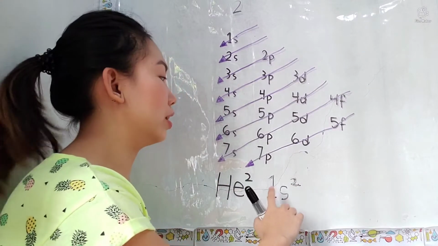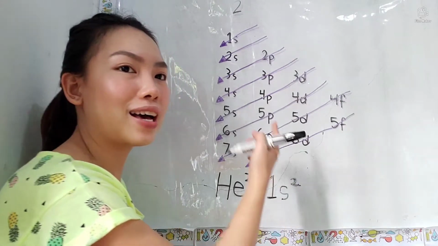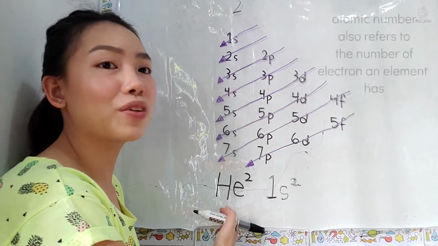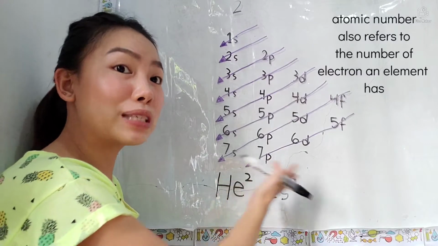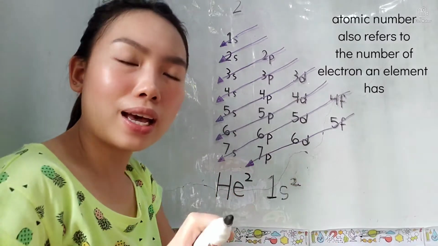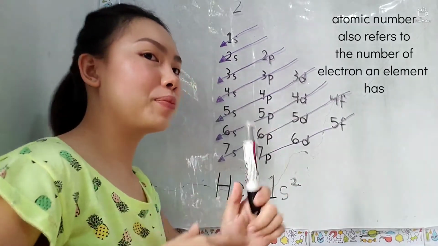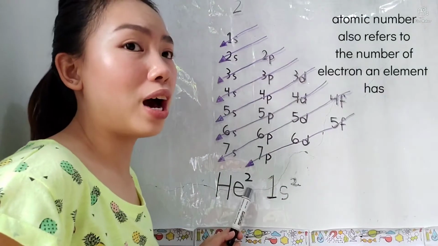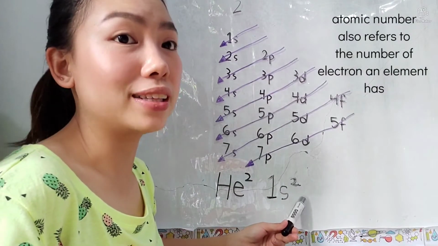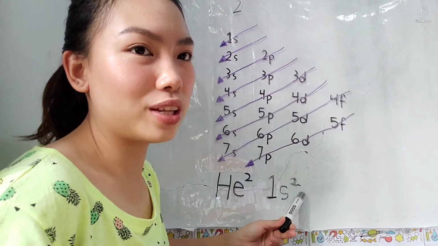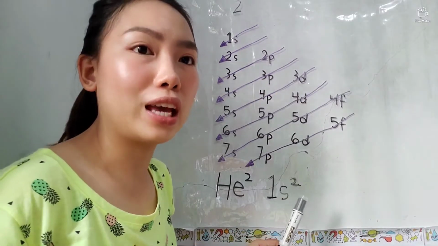So, we have at least 1s2 as electron configuration of helium. Tapos na. Bakit tapos na? Kasi ang atomic number naman ng helium ay 2 at nakabuo na tayo agad ng 2. So, that's it for the helium.